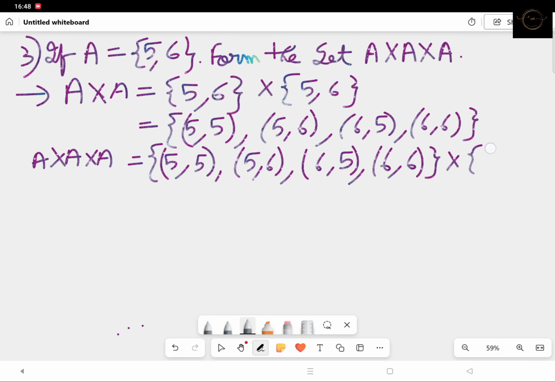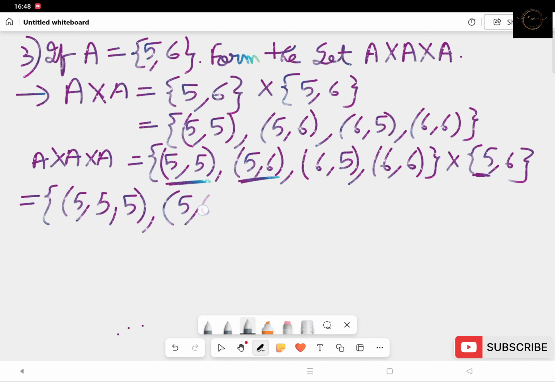You have to find this with the set 5, 6. So here, with all these first elements, with this ordered pair we can club 5, with this ordered pair we can club 5.